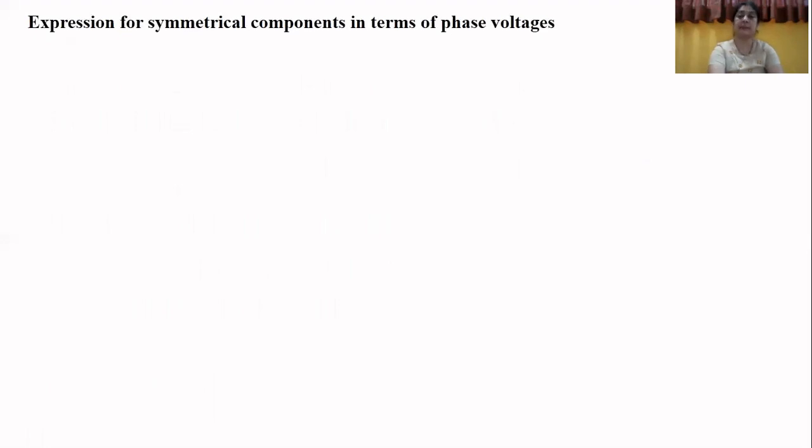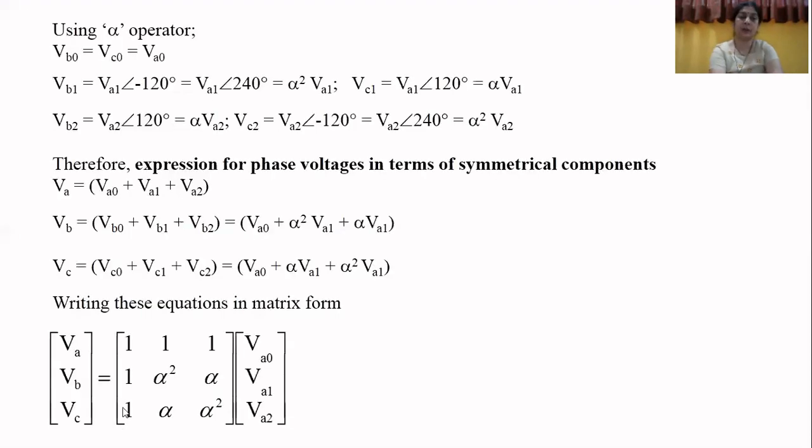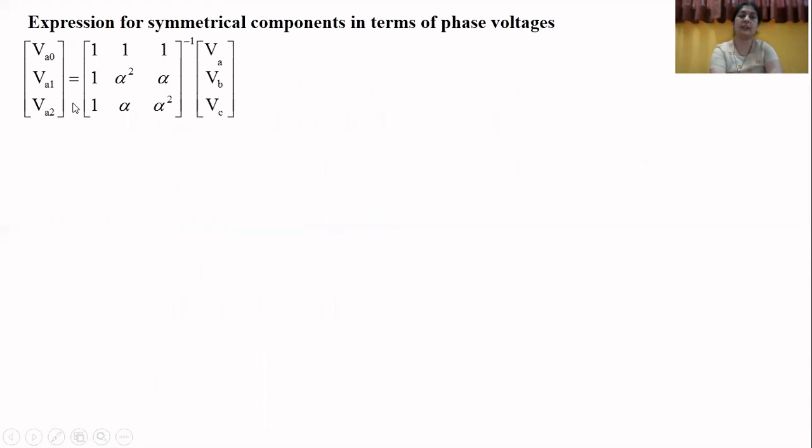Similarly, just as we expressed the phase voltages in terms of symmetrical components, the symmetrical components can also be expressed in terms of phase voltages. From this matrix form of representation, we can see that VA0, VA1 and VA2 can be obtained as the inverse of this matrix multiplied by VA, VB and VC. So VA0, VA1, VA2 is equal to the inverse of the matrix with rows 1, 1, 1; 1, alpha square, alpha; 1, alpha, alpha square, times VA, VB, VC.